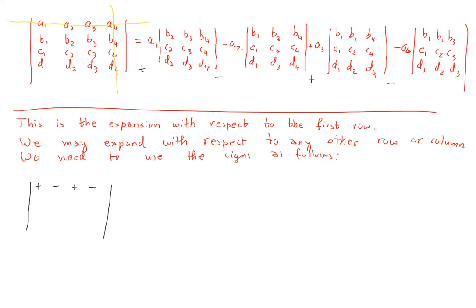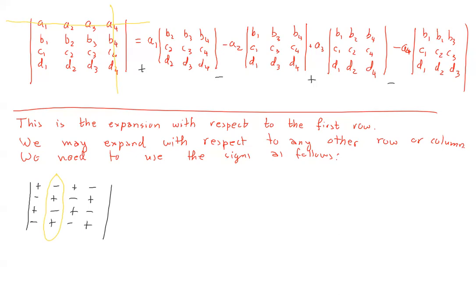And then if you continue with the second row, now you have to go minus, plus, minus, plus. And with the third row, plus, minus, plus, minus, and then minus, plus, minus, plus. The same signs apply if you use a column. So if you use a column, you have to use these signs.